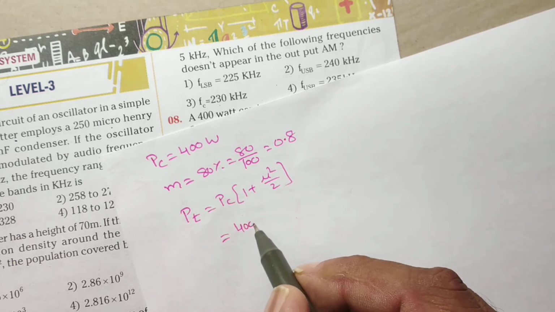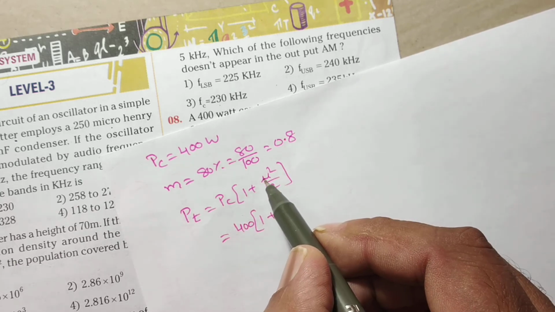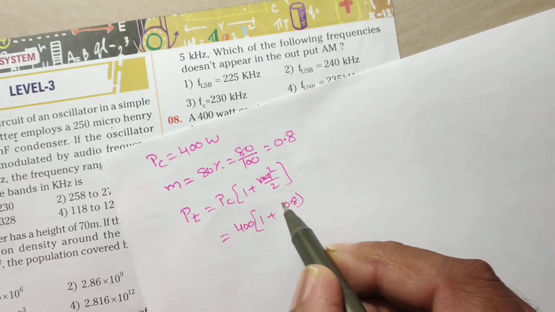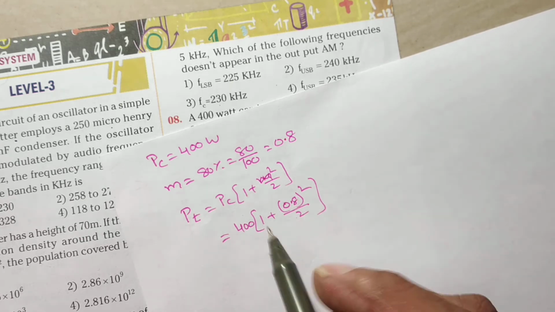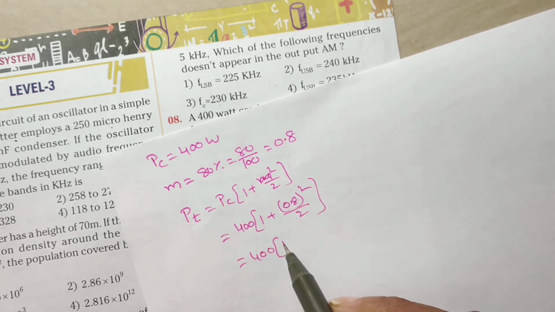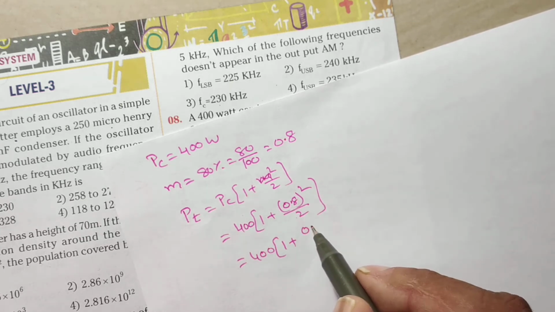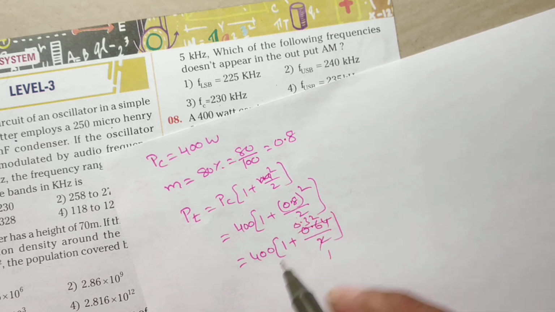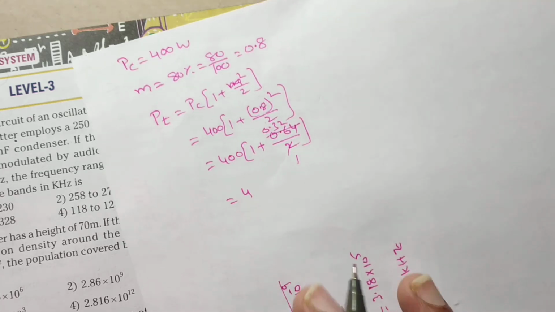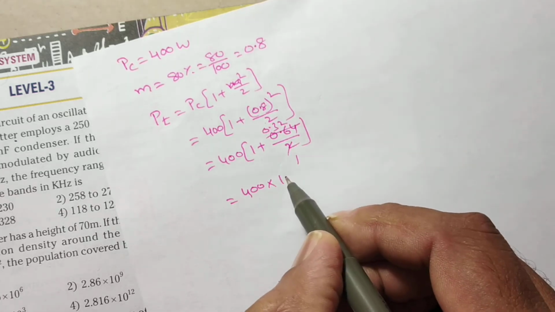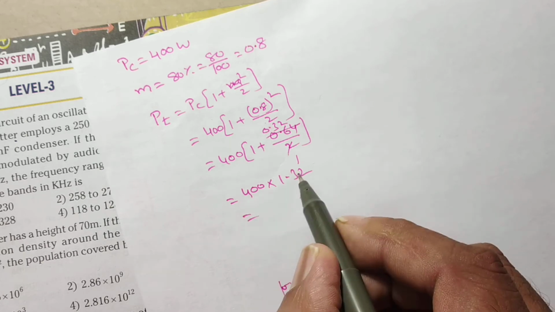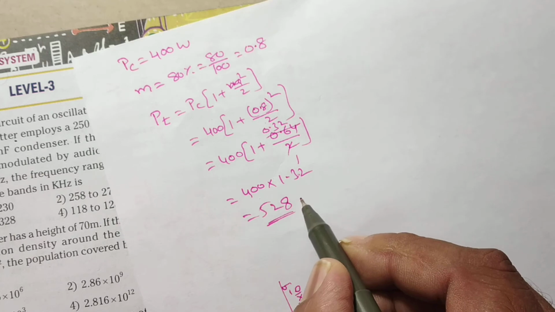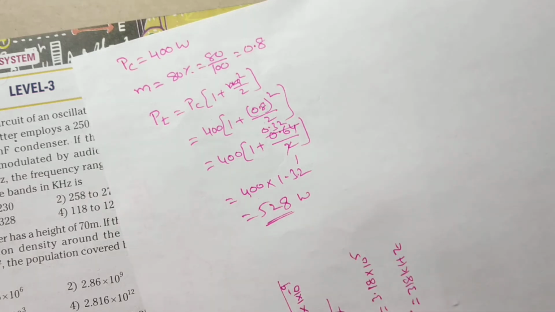PC is 400 into 1 plus 0.8 whole square by 2. 400 into 1 plus 0.64 by 2, that is 0.32, so 400 into 1.32. 132 into 4 gives 528 watts. Total power is 528 watts.